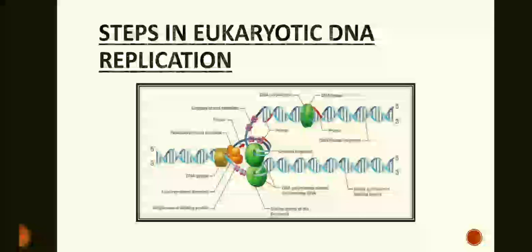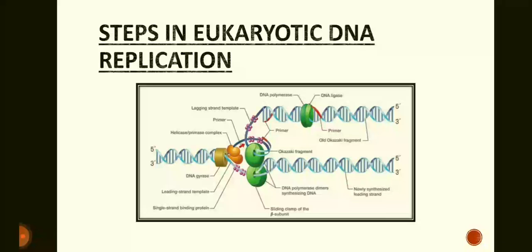The RNA primer is then required, which is made by DNA polymerase alpha, which carries a primase subunit. DNA polymerase alpha initiates the synthesis of the lagging strand, making first the RNA primer and then extending it with a short region of DNA. DNA polymerase delta then synthesizes the rest of the Okazaki fragments, and the leading strand is synthesized by polymerase delta.